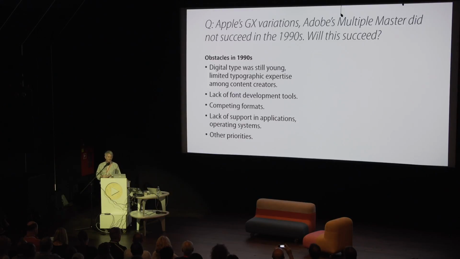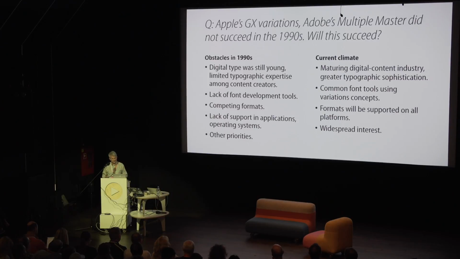There was a lack of font development tools. That was a big blocking issue. And we had these competing formats. This was the era of the font wars. And so it was hard for anybody that wasn't one of those main vendors to commit to a particular format because it wasn't clear what was really going to succeed. And there were, to some extent, different priorities that people were juggling. Not everybody had this as their top priority.